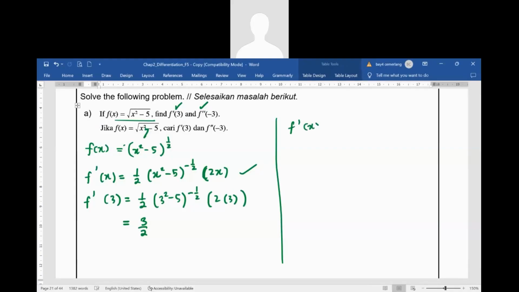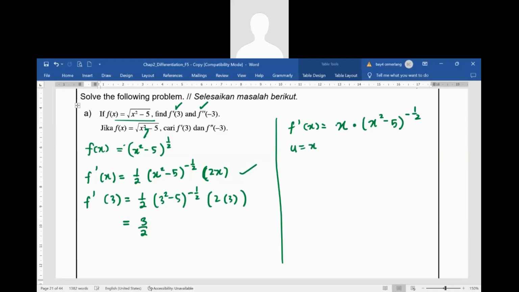So f prime x equals 2x with half, it will become just x, and then x square minus 5 power negative half. Oh no, it's not so easy. It's actually multiplying. You cannot multiply inside the bracket because you have the power of negative half. So you need to use your product rule, because it is one function multiplied by another function.